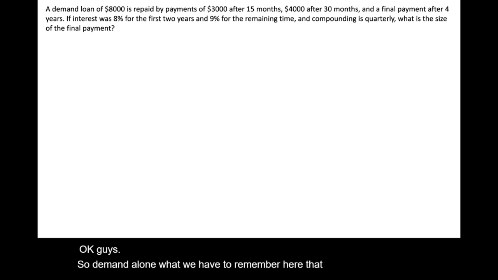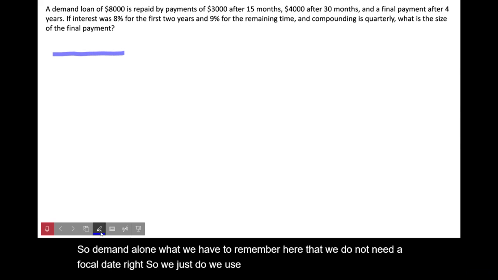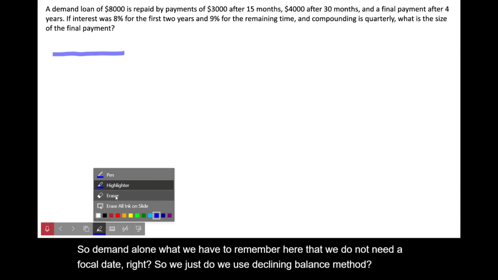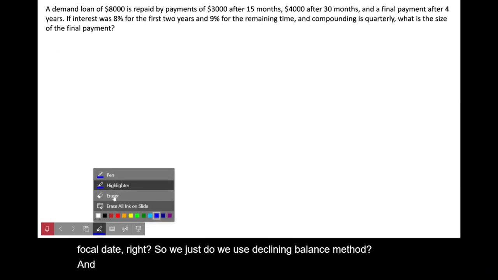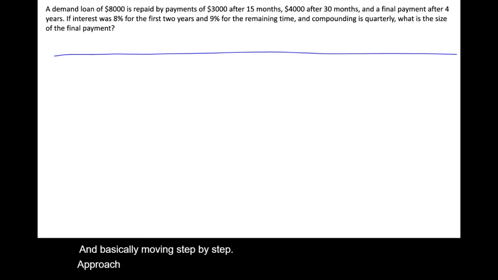Okay, guys. So demand loan, what we have to remember here is that we do not need a focal date, right? So we use the declining balance method and basically move step by step from transaction to transaction.